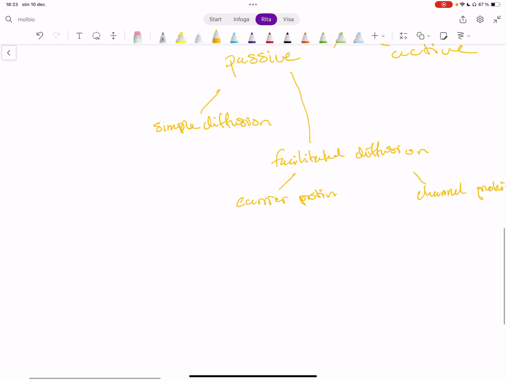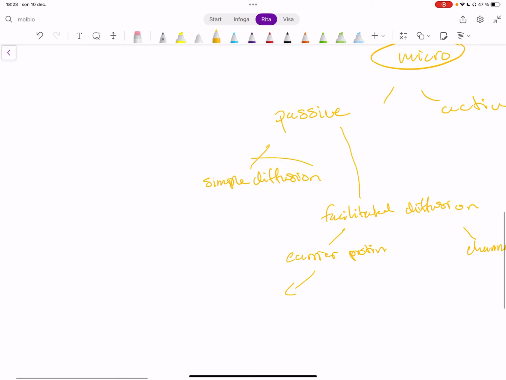In facilitated diffusion you will transport molecules that are hydrophilic, because in simple diffusion the only molecules that can do that are hydrophobic.